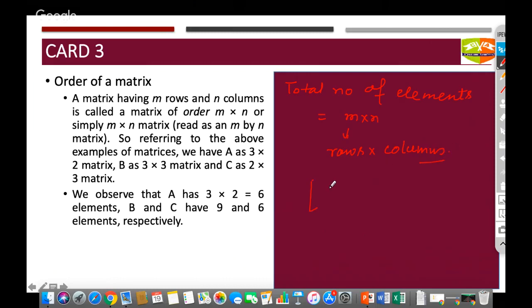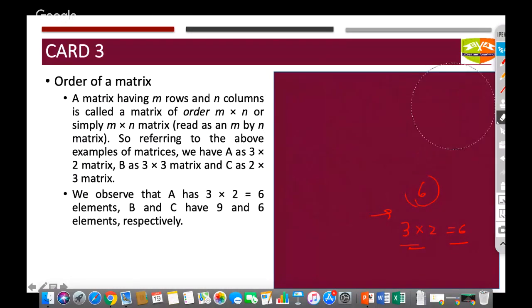Suppose I give you a 3 by 2 matrix, 3 rows here and 2 columns here. How many elements would there be? a1, a2, a3, a4, a5, a6. Just by writing the matrix, you can see that there are 6 elements, which is equal to 3 into 2. So the number of elements can be found by taking the number of rows and the number of columns and multiplying them together.